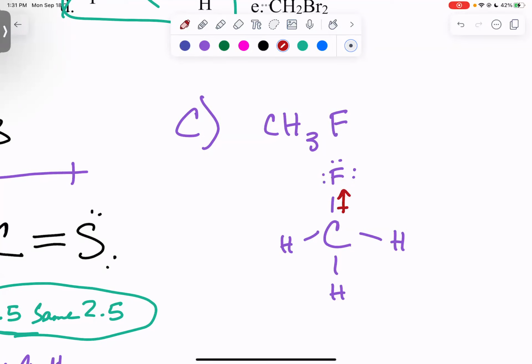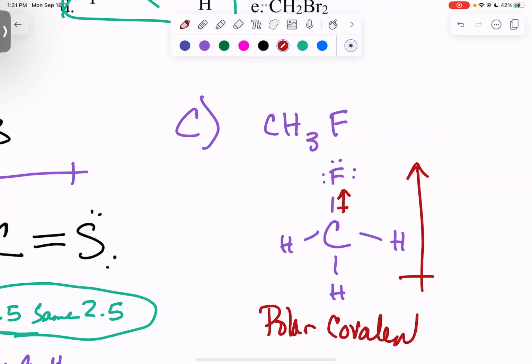Fluorine's more negative, so I'm going to give it a polar arrow, and then I'm going to say, okay, is this molecule symmetric or asymmetric? Well, it's asymmetric, right? Even though we have that tetrahedral shape, it's still asymmetric because I have 1 fluorine and the rest are hydrogens. So this molecule has an overall dipole moment that looks like this.